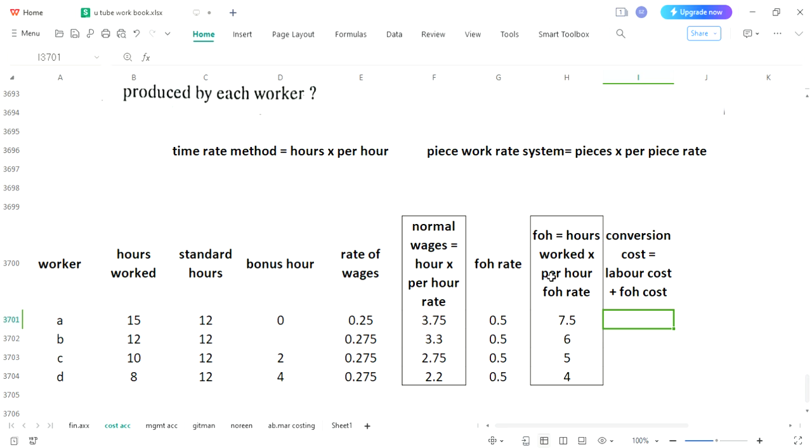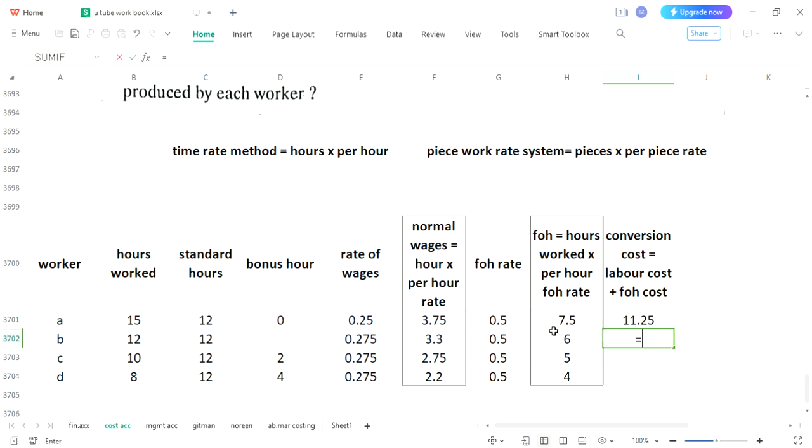So conversion cost: 3.75 is your labor cost, then add FH cost which is 7.5, first conversion cost.